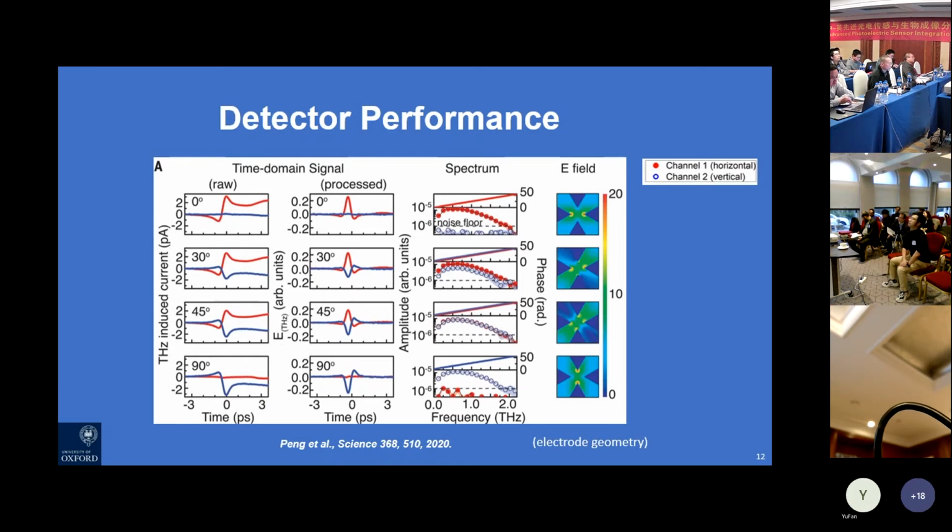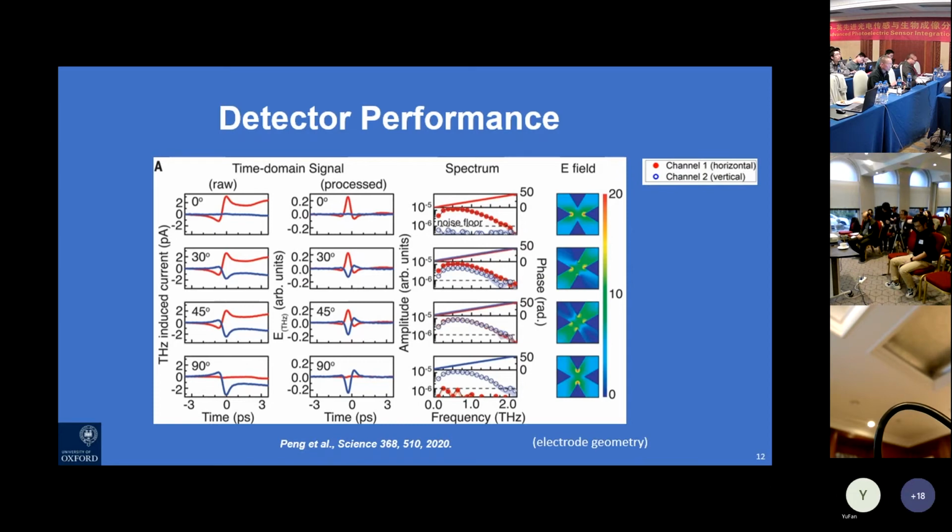The second column here is the recovered temporal profile of the pulsed terahertz electric field from the data in column 1. By performing the Fourier transform on the second column data, we can extract the spectral response of our nanowire detector. As you can see, for both channels we got a broadband response up to 2 terahertz.